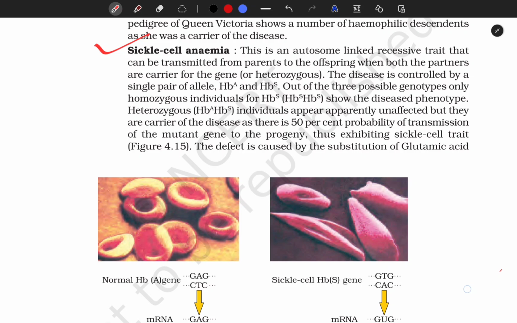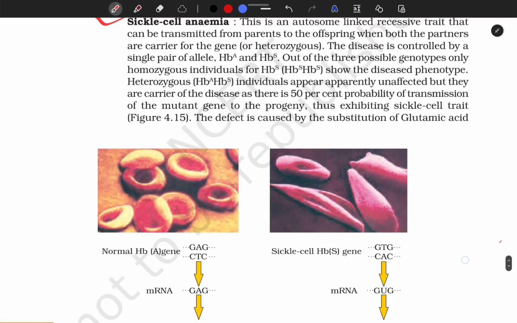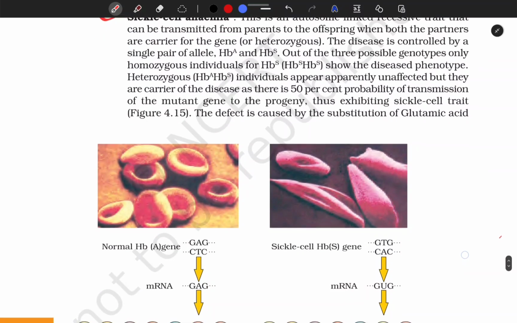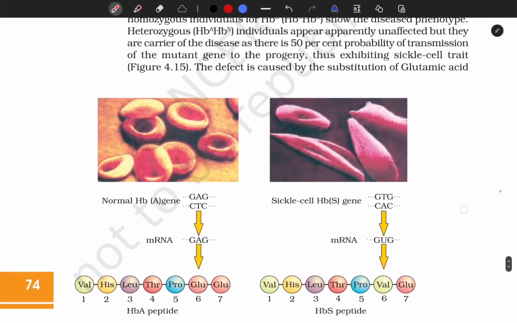Out of the three possible genotypes, only homozygous individuals for HbS, that is HbS HbS, show the diseased phenotype. Heterozygous, that is HbA HbS individuals appear apparently unaffected, but they are carrier of the disease as there is 50% probability of transmission of mutant gene to the progeny, thus exhibiting sickle cell trait as shown in figure 4.15.